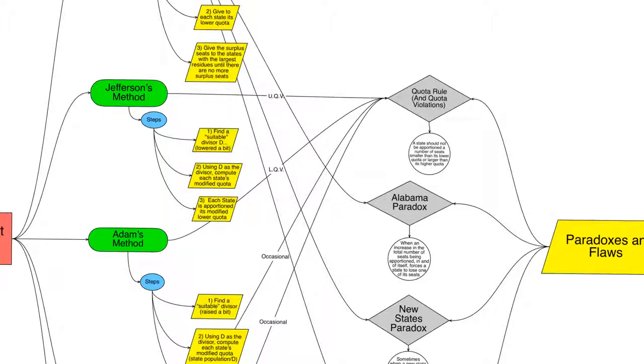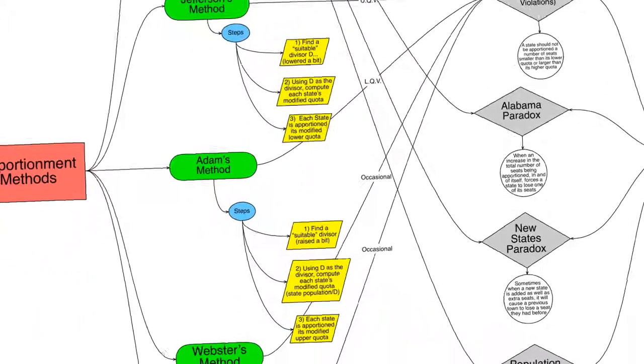Jefferson's method would occasionally violate the quota rule, where basically it would cause some states to have more than their upper quota. Okay, and that's a problem. And the upper quota is the next integer that is above the decimal value of the standard quota. So that's Jefferson's method.